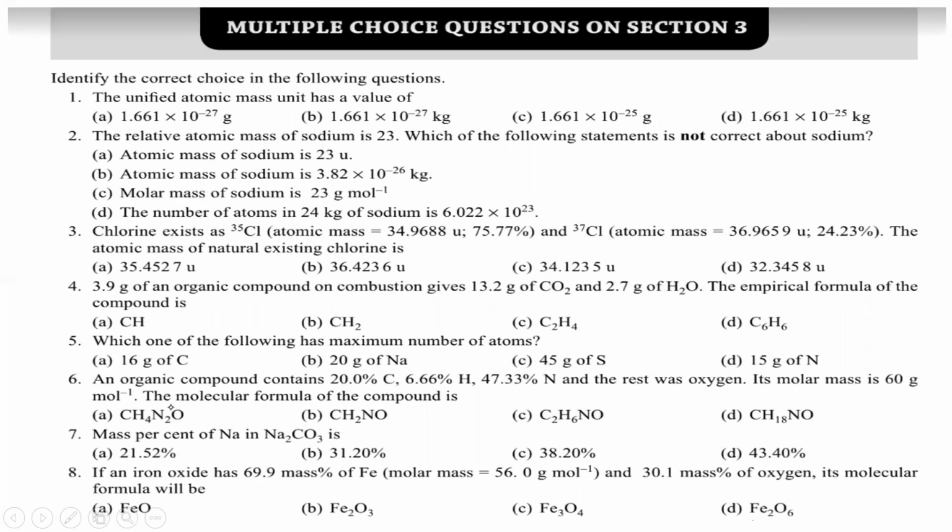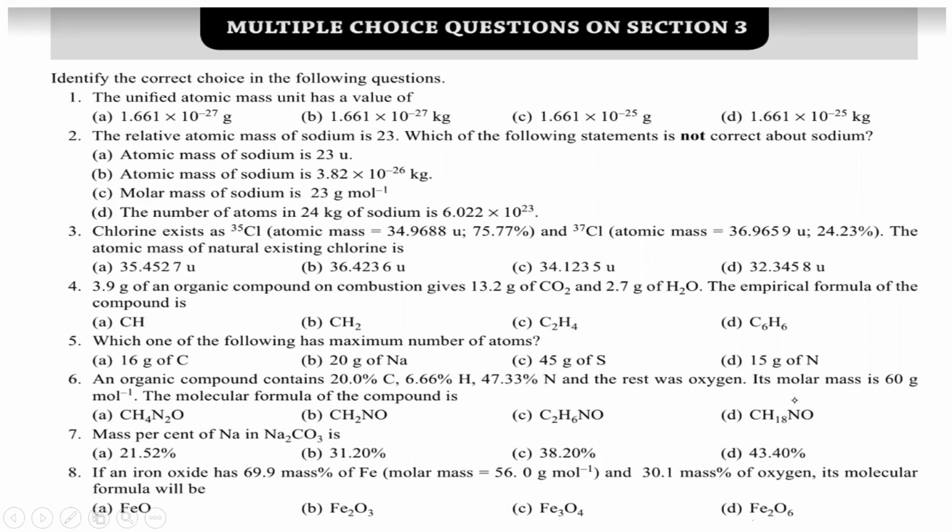Just I'll repeat the question again. An organic compound contains 20% carbon, 6.66% hydrogen, 47.33% nitrogen, and the remaining is oxygen.